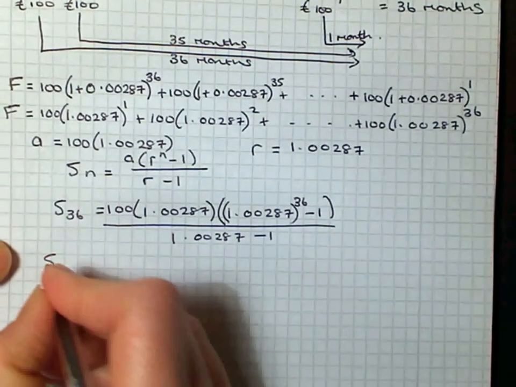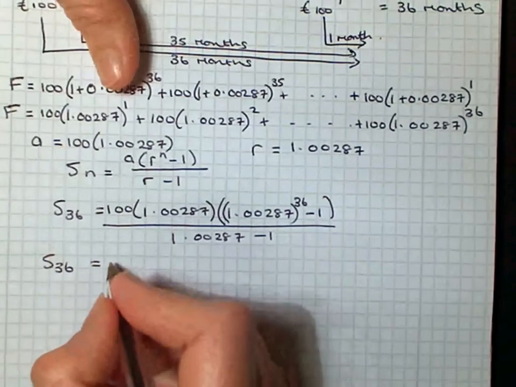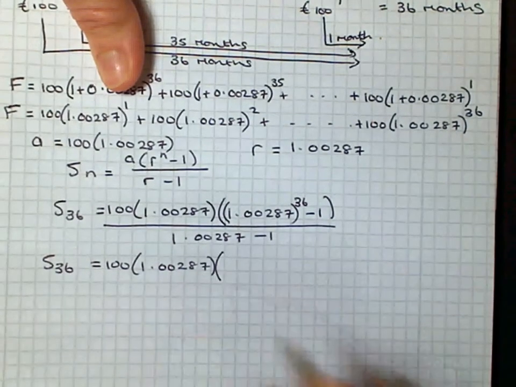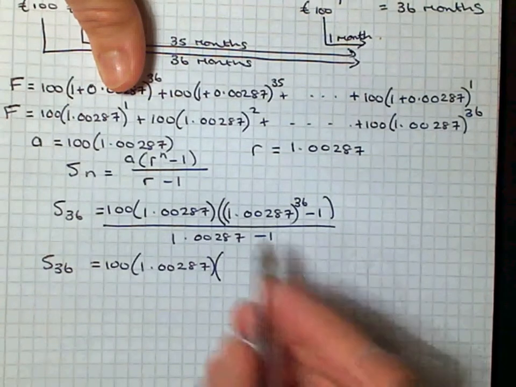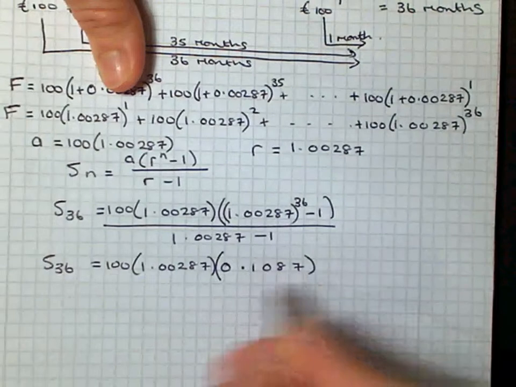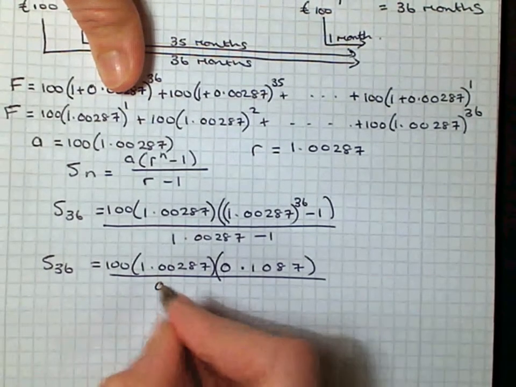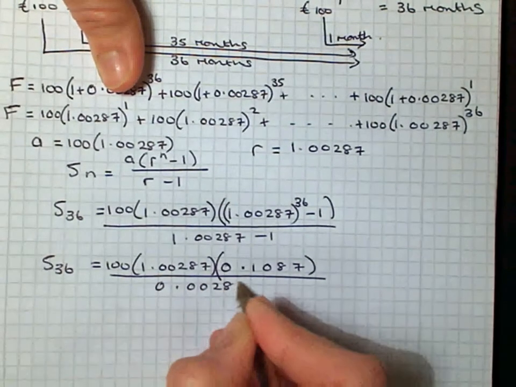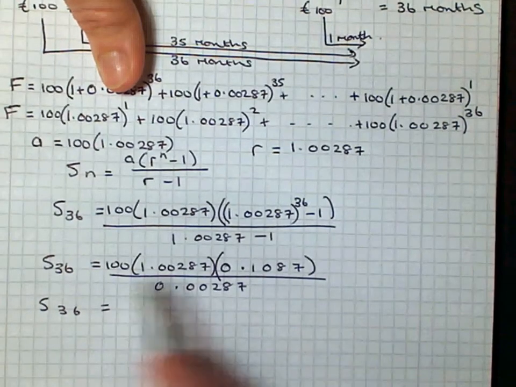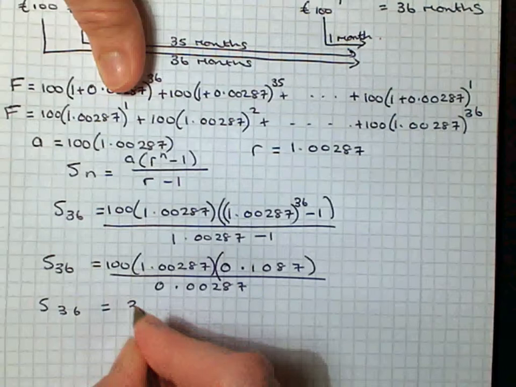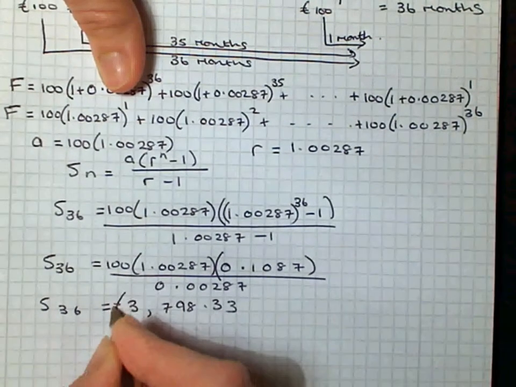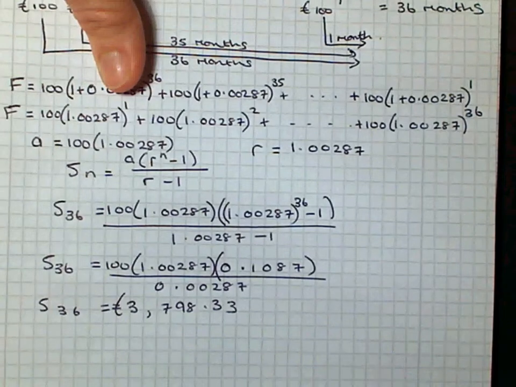So working that out, the sum of the 36 terms is 100 by 1.00287 multiplied by, when you work out the bracket, you get that to be 0.1087 divided by 0.00287. And S36 works out to be, when we multiply that in, €3,798 and 33 cents after the 3 years.